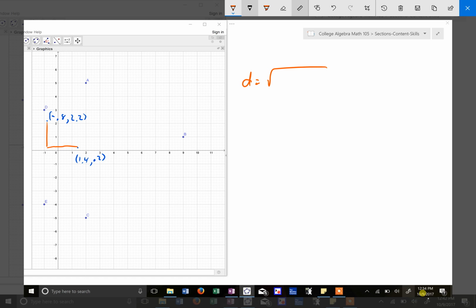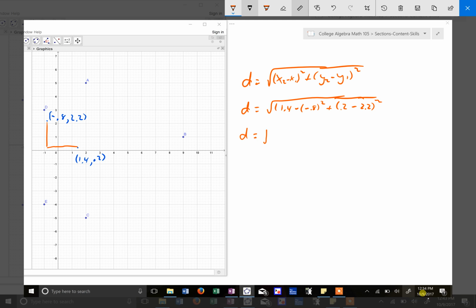And so now I could do my distance formula. I'd say x2 minus x1 quantity squared plus y2 minus y1 quantity squared. And I get the square root of, and my x2 is 1.4 minus a -0.8 quantity squared plus y2, which is 0.2 minus 2.2 quantity squared.